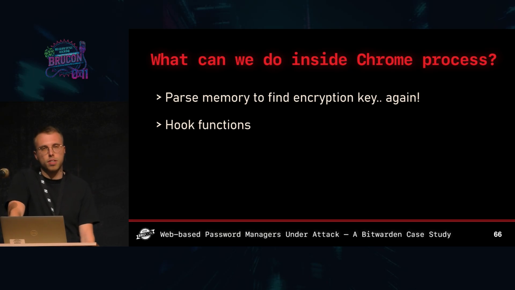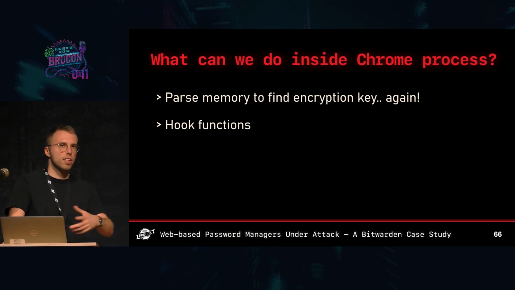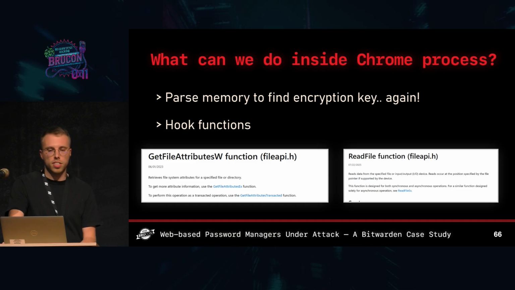Function hooking is basically intercepting the calls to various Windows functions, and on the fly either accessing the data or modifying it. An interesting function to hook in this case would be the ones related to files, the ones that read the file's content or the file's attributes. And the idea is to hook these functions and trick the browser into loading a fake JavaScript, a backdoor.